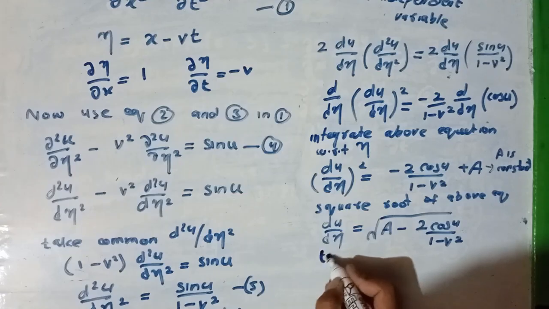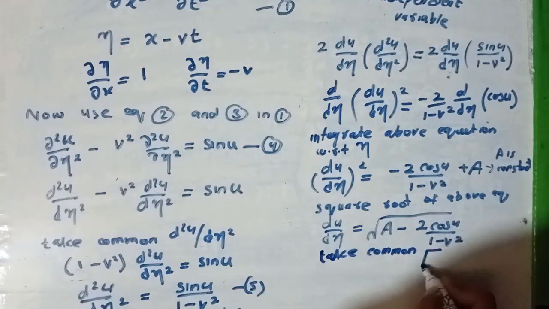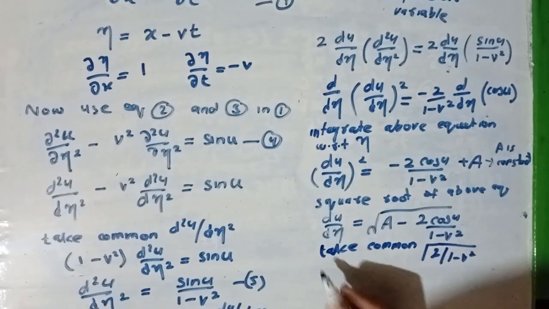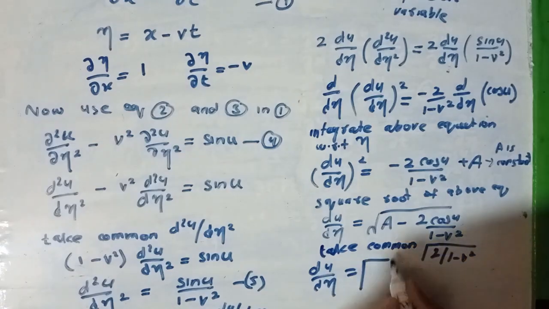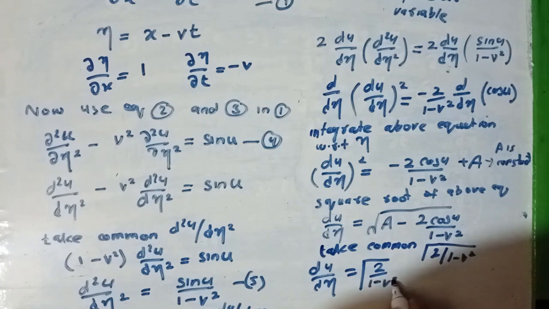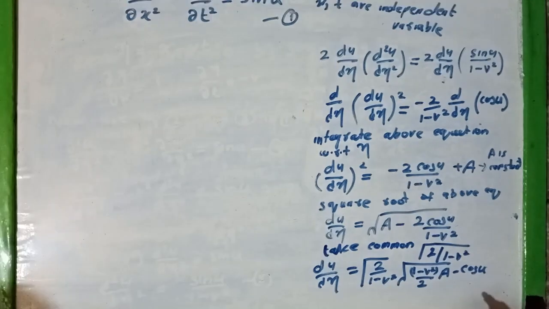Now take common the square root of 2 over (1 − v²). So the above equation becomes du/dη is equal to the square root of 2 over (1 − v²) multiplied by the square root of ((1 − v²)/2 · a − cos u). This is equation number 6.